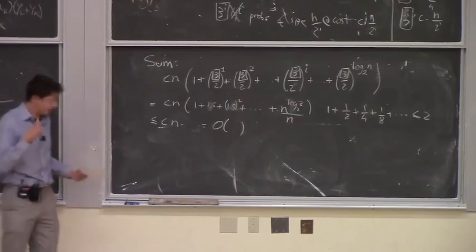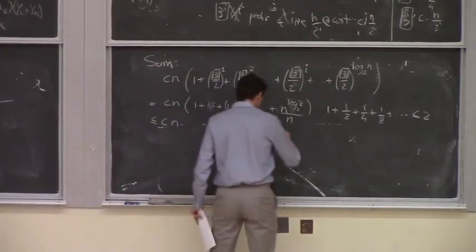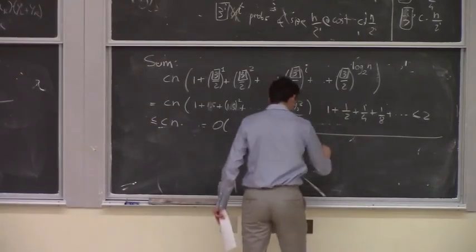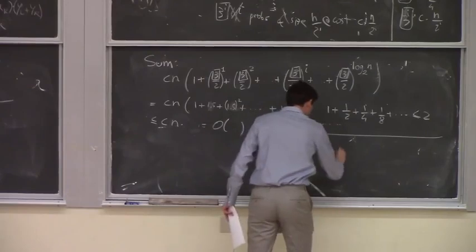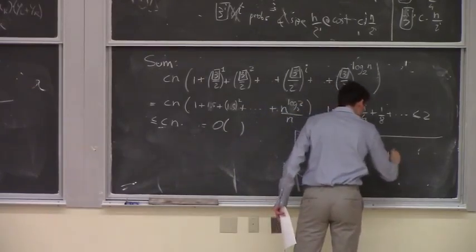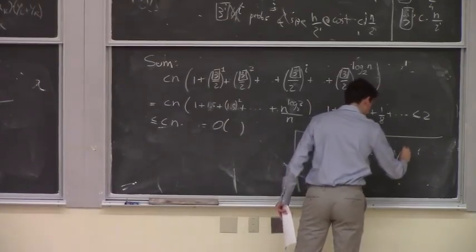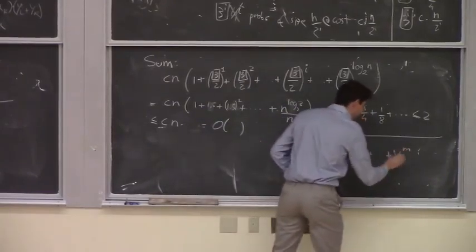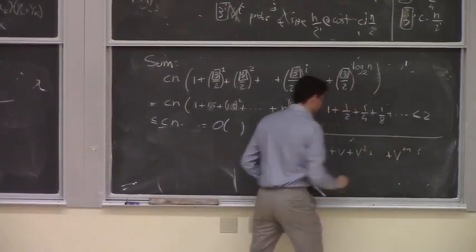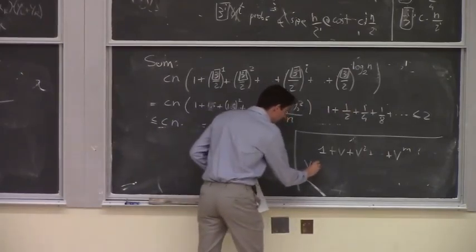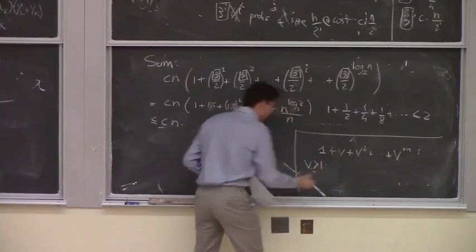But at a very high level, it is intuitive, so let's just talk about it here. If you're summing up a bunch of things, let's call the value v, 1 plus v plus v squared, and so on, up to v to the m, and v is bigger than 1, which is what's happening here.